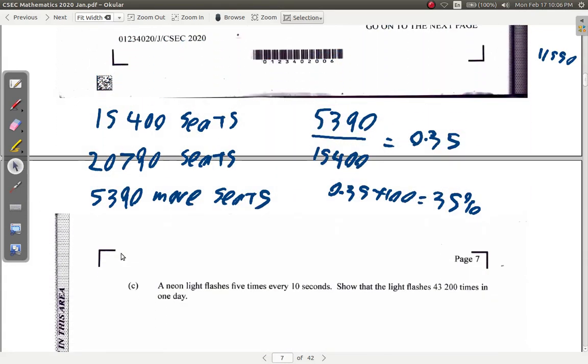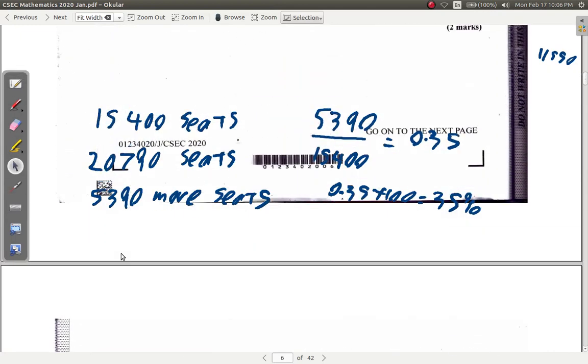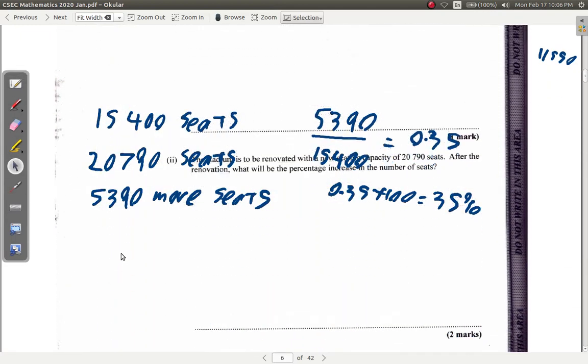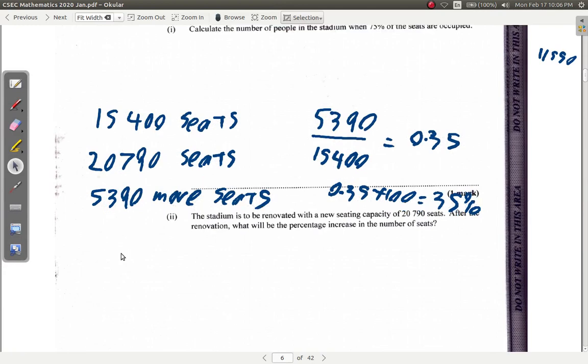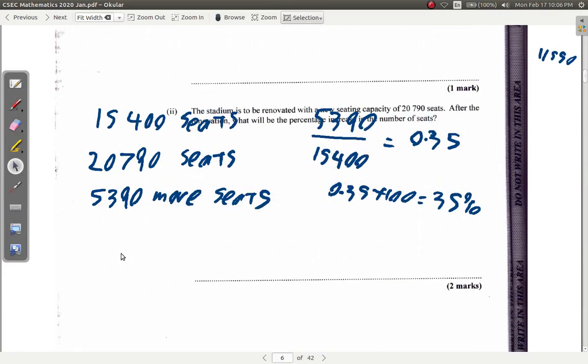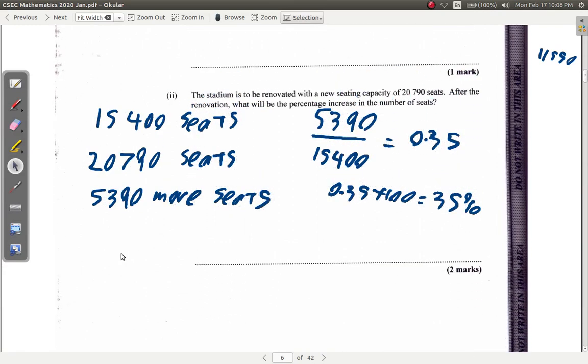Okay, you have part C. We'll leave part C for next time, but just as a matter of explaining a few things here. When doing this question, after having 5,390 over 15,400 and getting 0.35, it may be tempting to just multiply by 100 here, but don't do that.